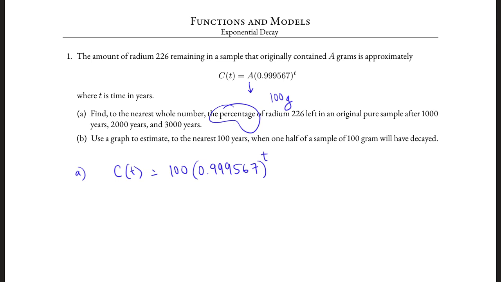years, and so on. Now, if we were to use a graphing calculator such as Desmos.com, then we simply type in C of T equals 100 times 0.999567 raised to the T power, precisely this.